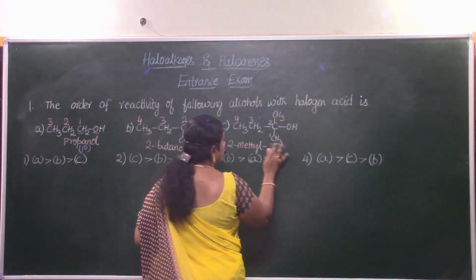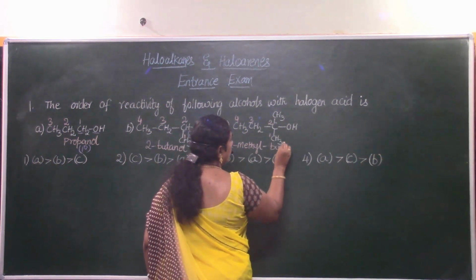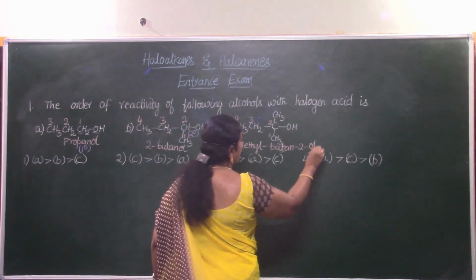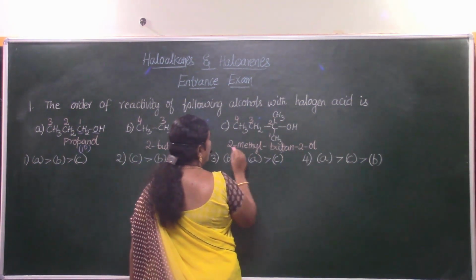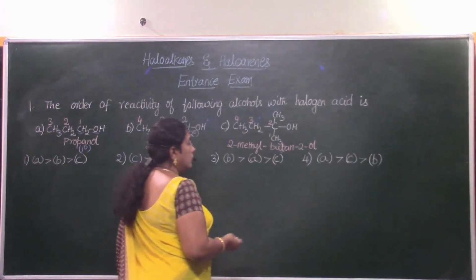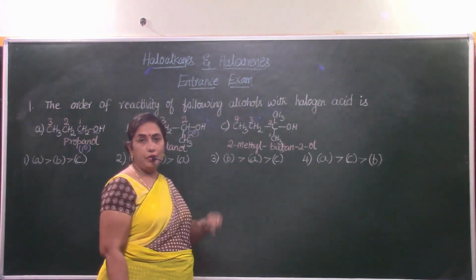Sorry, not propane, it's butane because 4 carbon atoms saturated. So butan-2-ol. So 2-methylbutan-2-ol, or else you can also write it as 2-hydroxy-2-methylbutane.